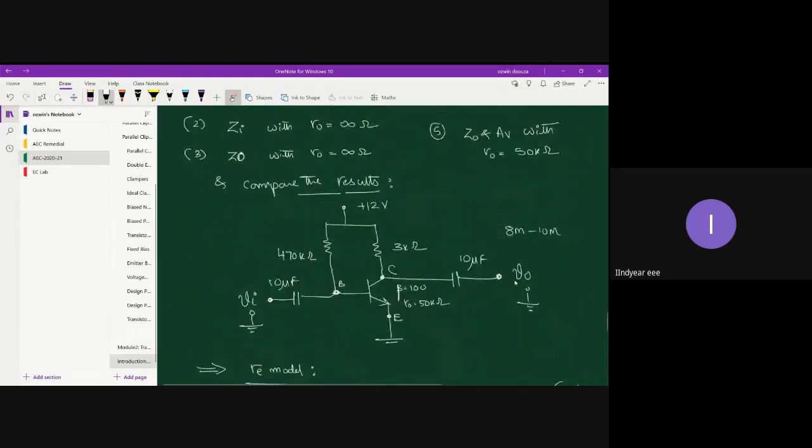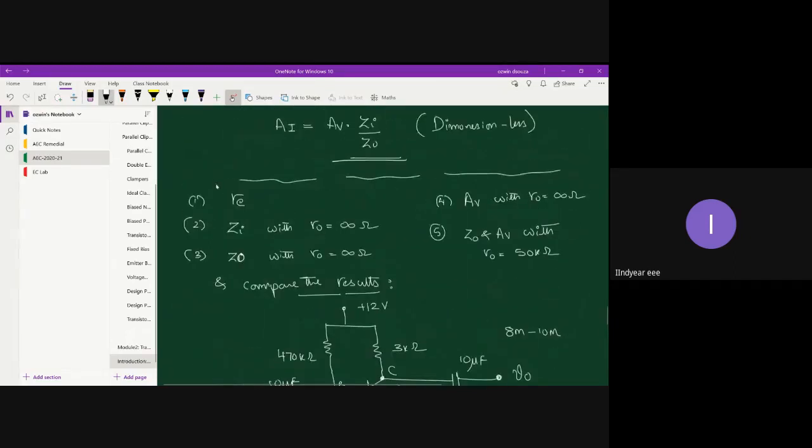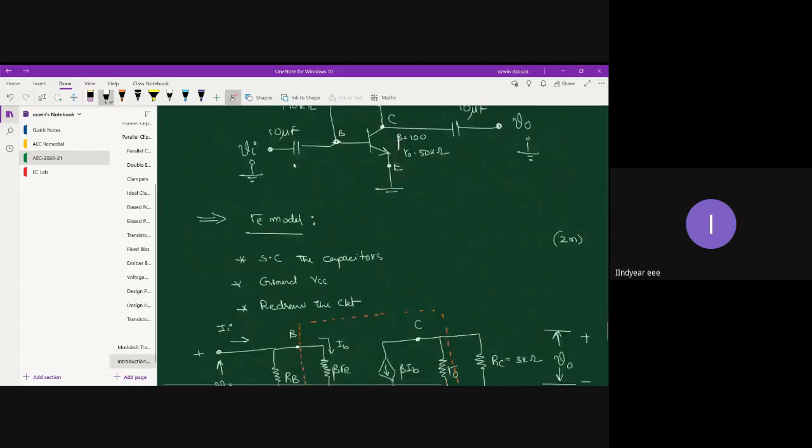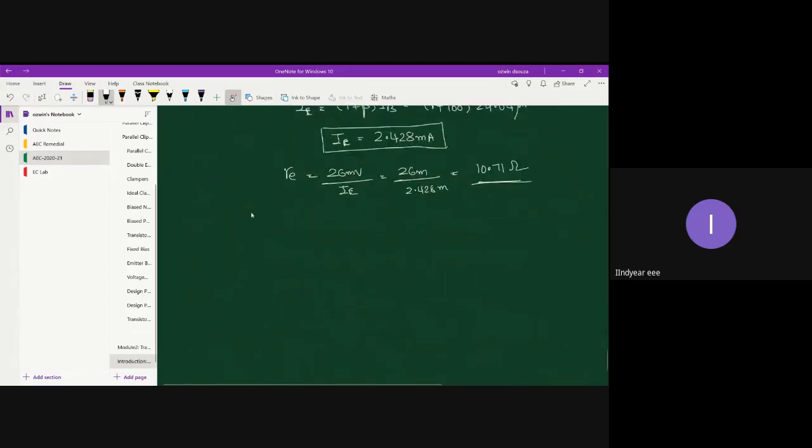So re is found. This step will fetch you about 2 marks. Next we have Zi. You need to determine Zi with r0 equal to infinity ohm. Trust me, r0 is found on the output side, so it will not have any effect on Zi.